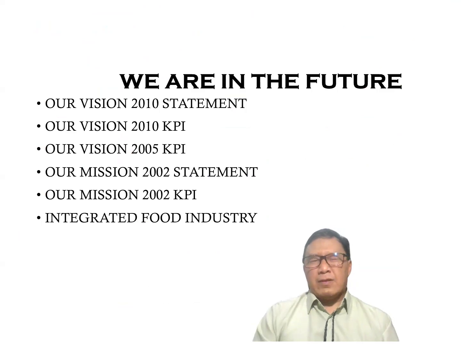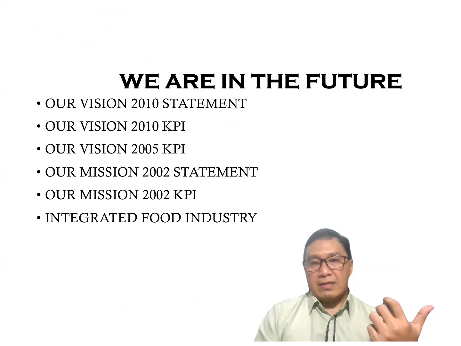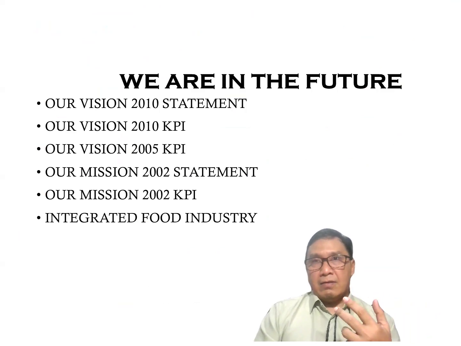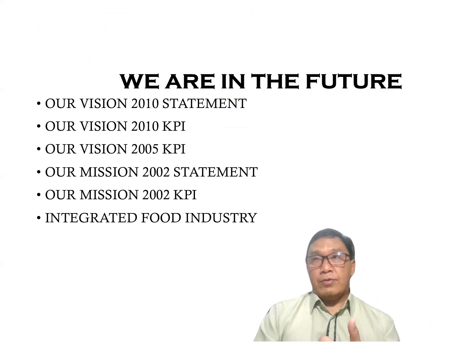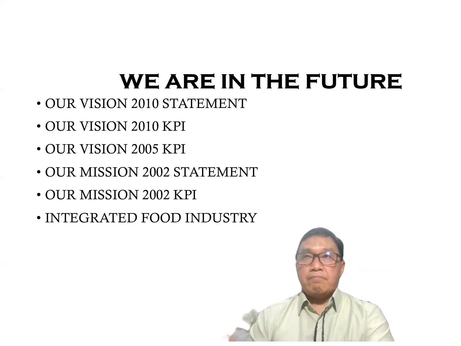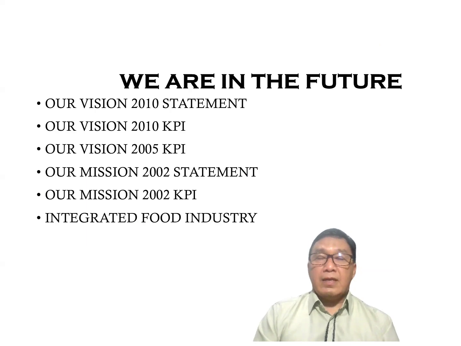So in the earlier slide, I mentioned that there are two functions of KPI. The first one is that KPI can be a measurement tool to define success, to find out whether the organization or company has already achieved its strategic goals. And the second one is to track the progress.